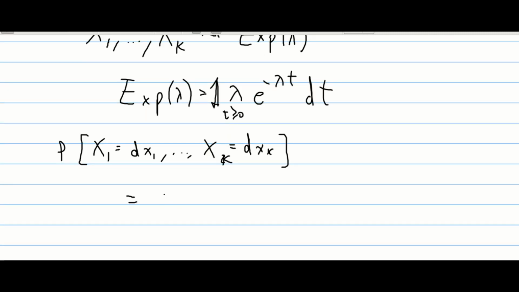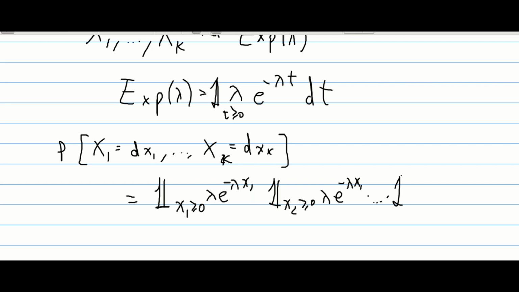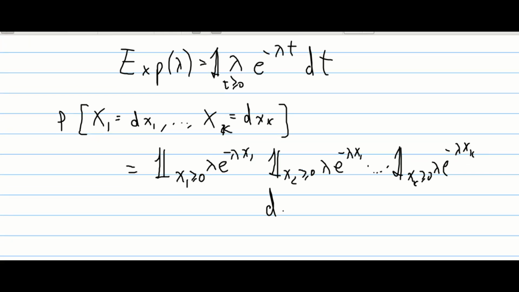This density is first the indicator that all the x's are positive: x1 is bigger or equal to 0, lambda e to the minus lambda x1, indicator that x2 is positive, lambda e to the minus lambda x2, and so on until xk should be positive, lambda e to the minus lambda xk, and we should have dx1 through dxk.